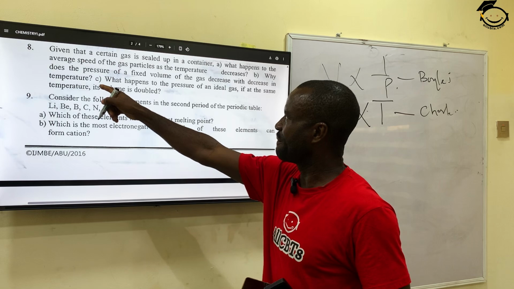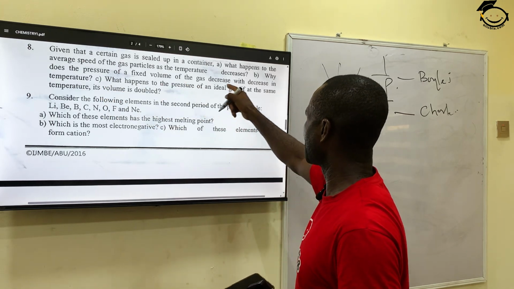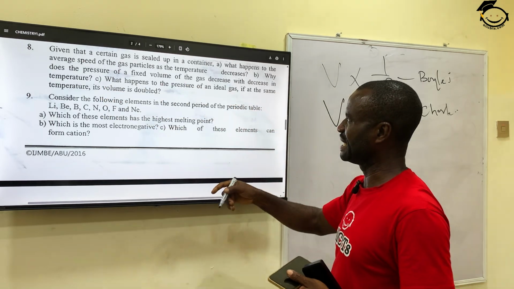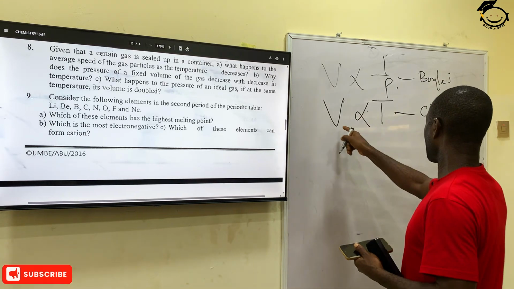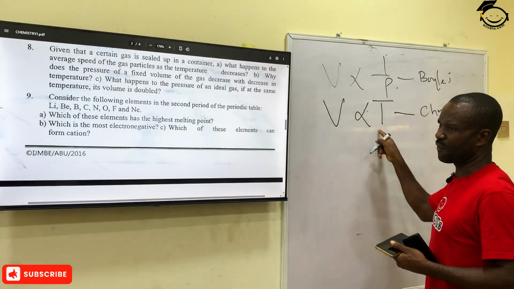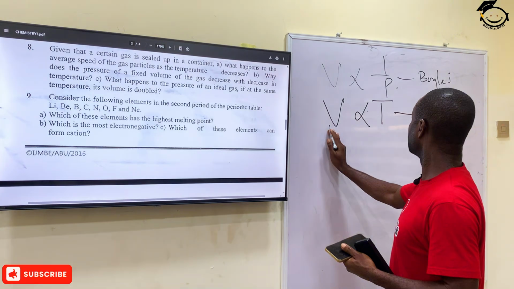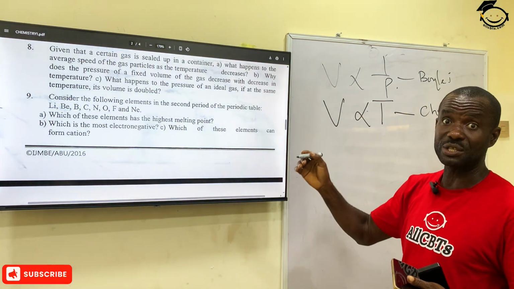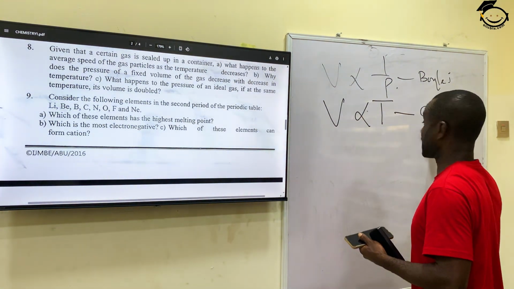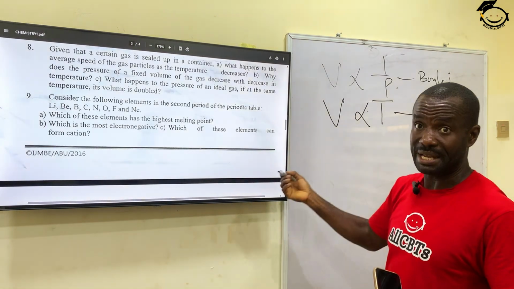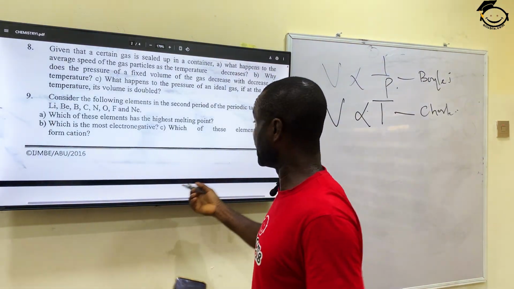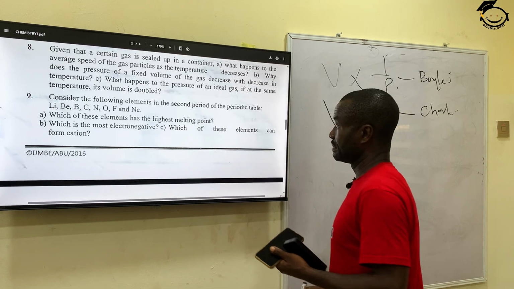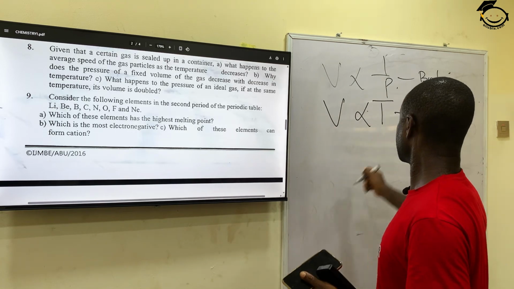If you decrease the temperature, of course, the pressure will decrease because they obey Boyle's law. They are ideal gases, so they obey Charles' law. Simply because they are ideal gases, they have to obey the gas equation, which is Charles' law.